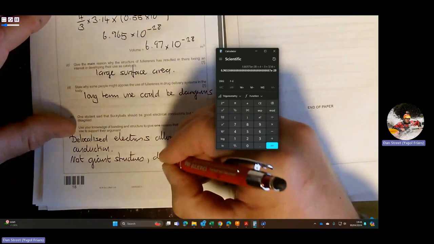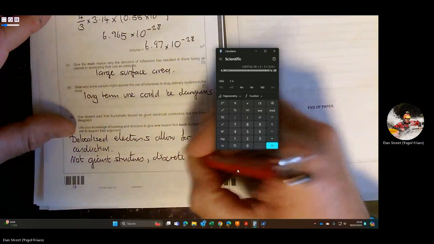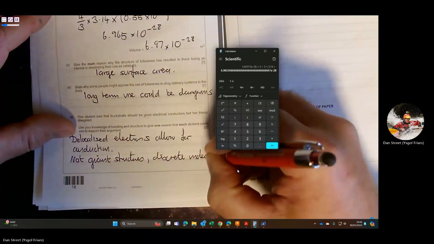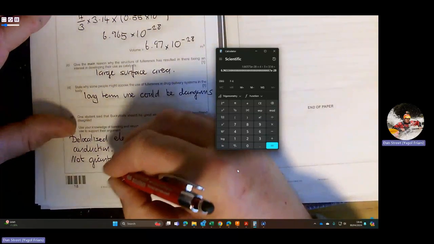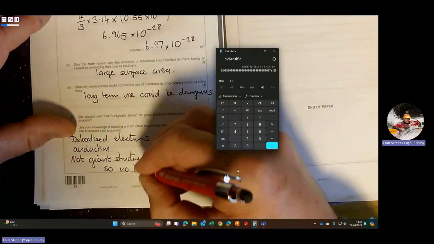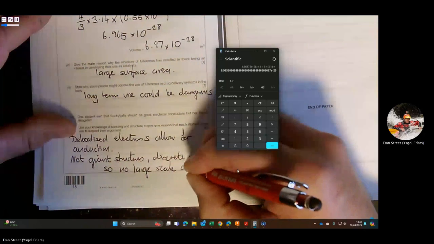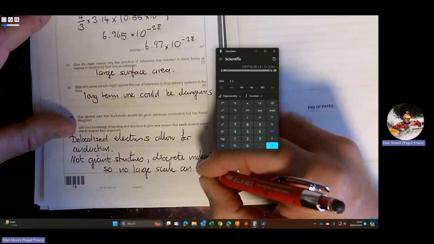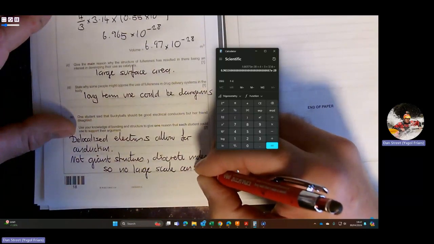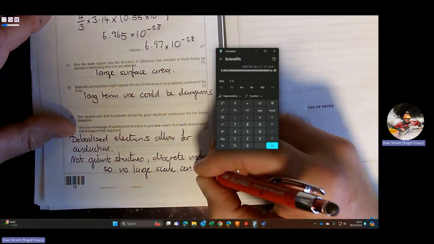They are discrete molecules. So no large-scale conduction. Nanotubes are thought to maybe be a way forward, but the nanotubes and buckyballs are different.